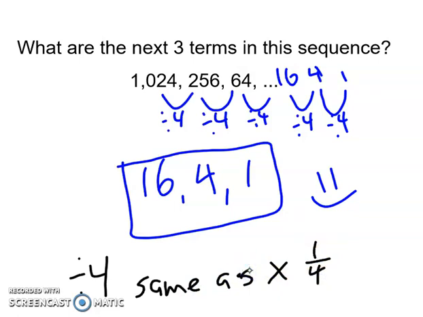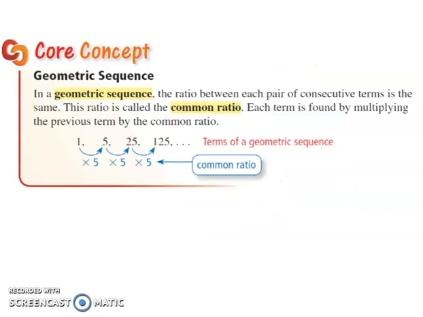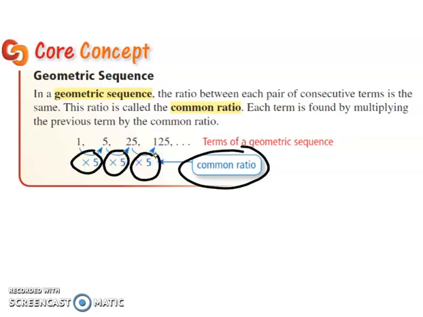So when we're dividing by a number, we're really multiplying by its reciprocal. So going back to this concept, in this sequence here, they have 1, 5, 25, and 125. The common ratio is going to be 5, because it's occurring through multiplication every single time.